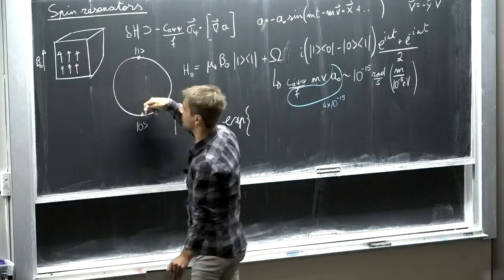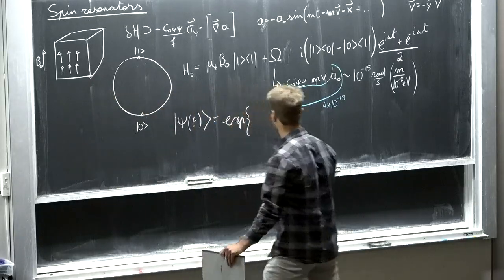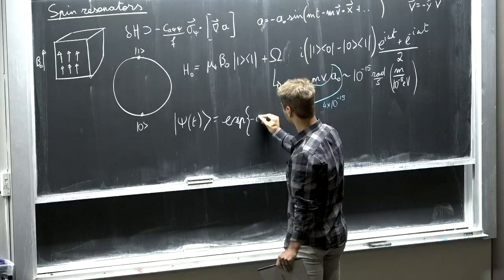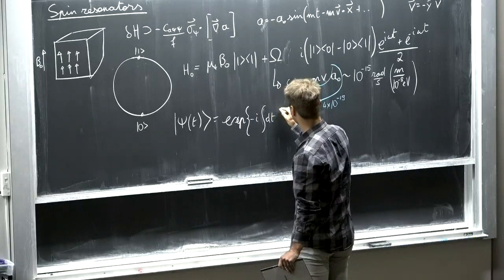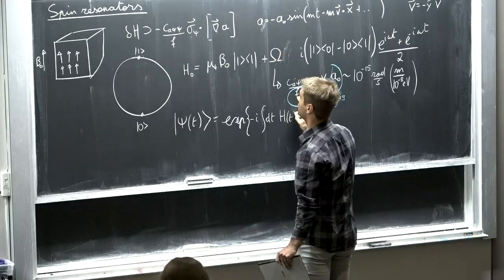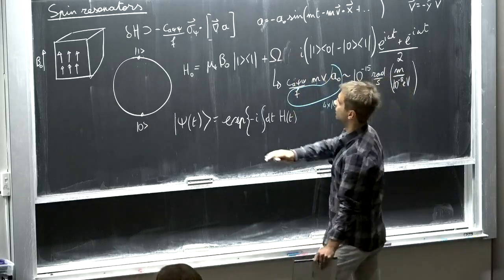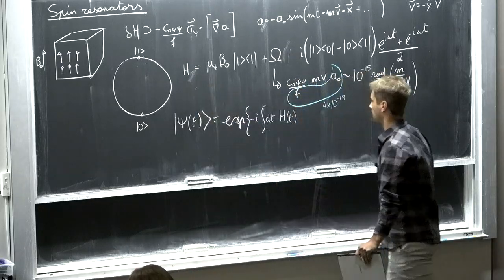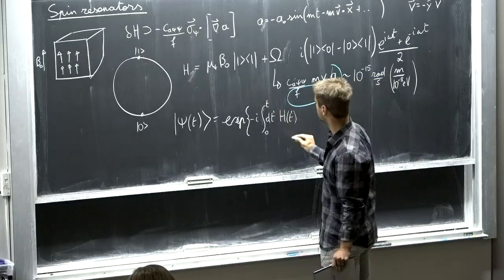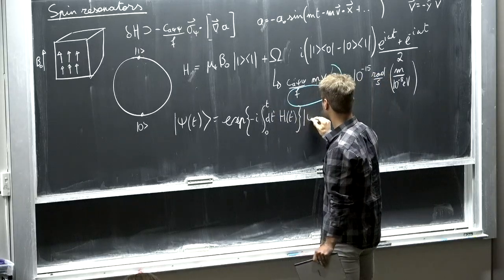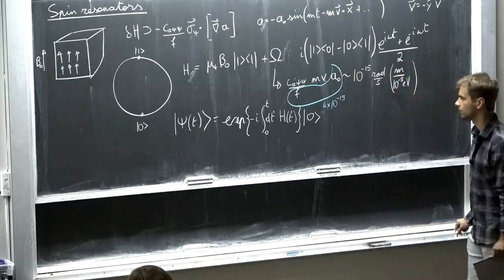Let's say all of the spins are 0 initially, so let's say spin down. The evolution of the system would depend on this time-dependent Hamiltonian, let's say from time equals 0 to some time t, and you started in the state 0.